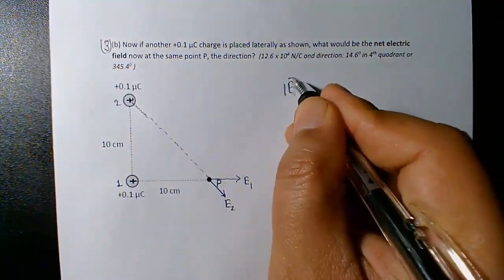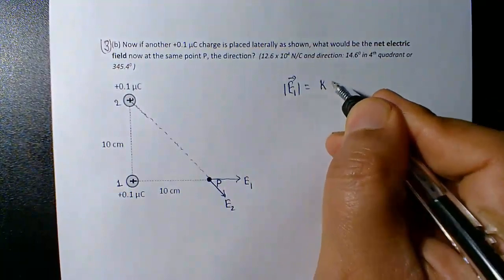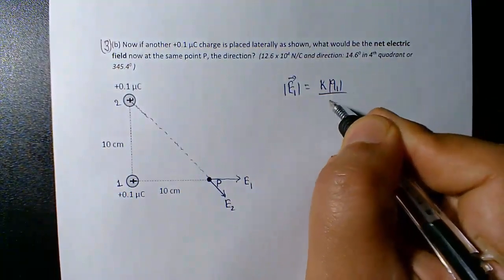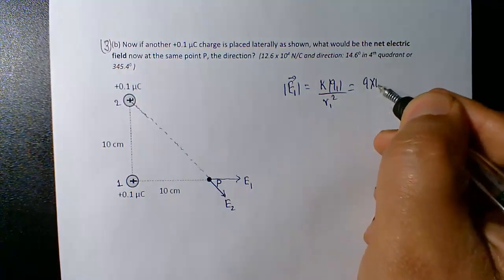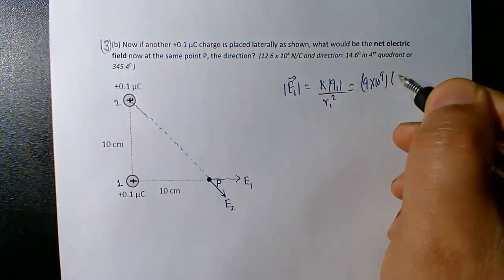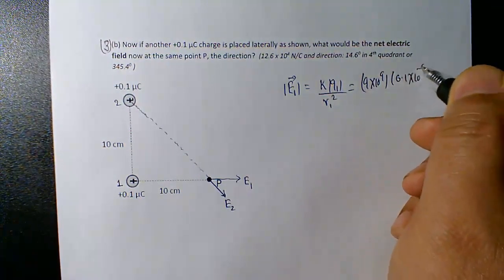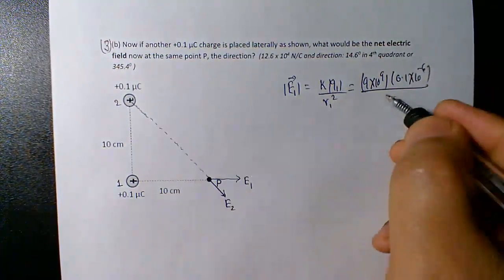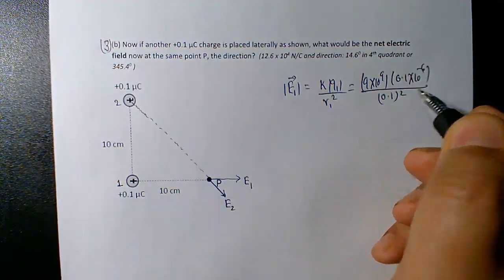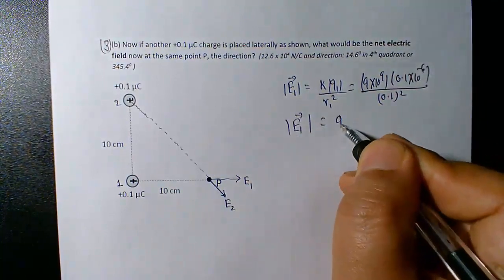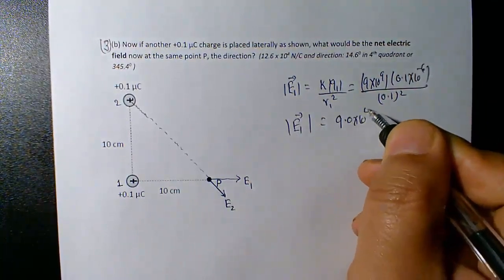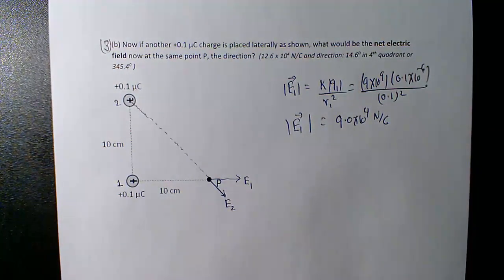So first you're going to need these E1 and E2 magnitudes. That's your first job. It's given by just the formula K Q1 over R1 squared, and that's the same actually, 9 times 10 to the power 9, and Q1 is 0.1 times 10 to the power negative 6 divided by 10 centimeters, so 0.1 squared, so it's 90,000. That's from part A, right?